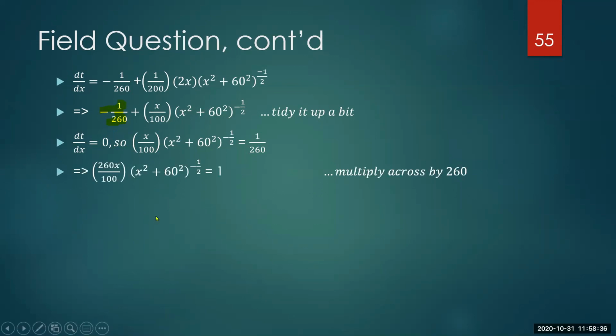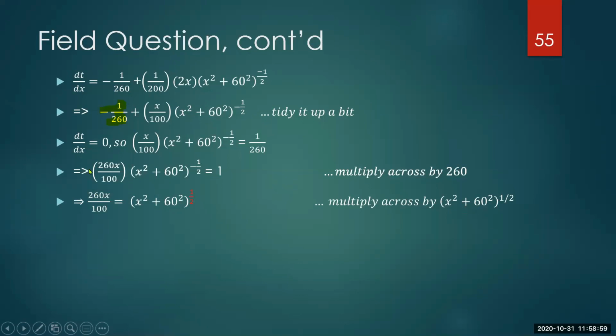To solve this, the first thing I'm going to do is multiply across by 260. That gives me 260x over 100 into (x squared plus 60 squared) to the power of minus a half, and that's all equal to 1. And then for my next step, I multiply everything across by the square root of x squared plus 60 squared.